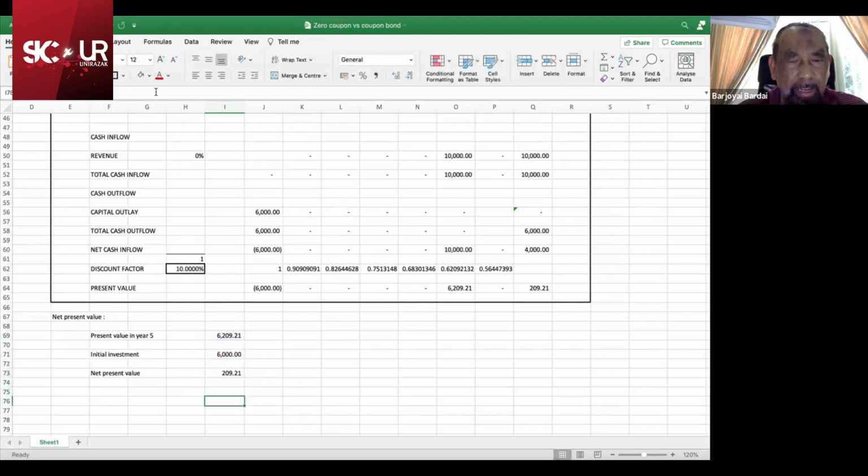Okay. So if we are buying at 6,000 a zero coupon bond with face value of 10,000, then at 10% cost of capital we still make some net present value. So this bond is actually worth more than 6,000 if our cost of capital is 10%.